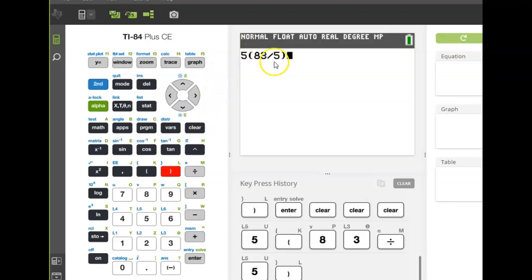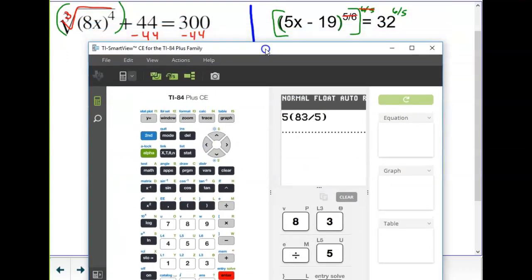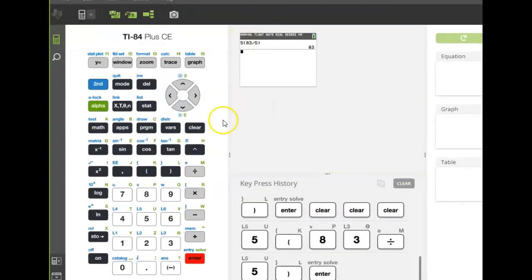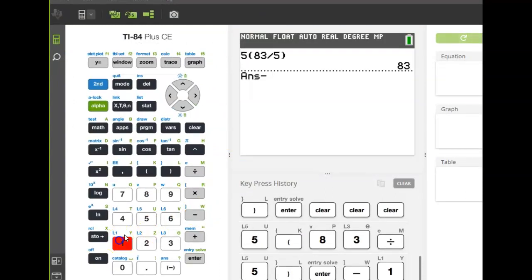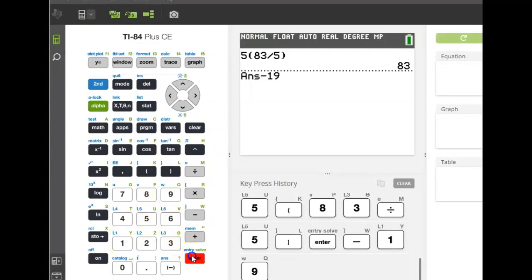Notice here a times by 5 and a divide by 5. That's going to go away and just give me 83. And then 83 minus 19 gives me 64.